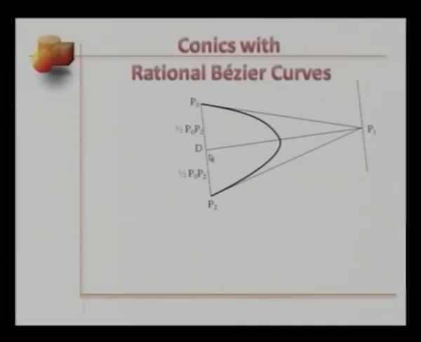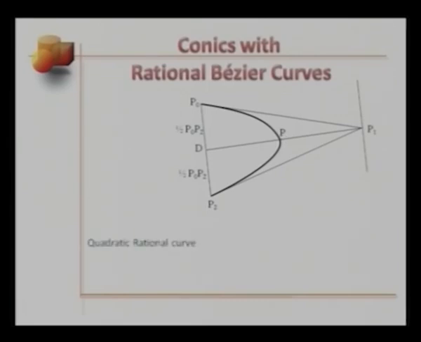We'll consider D as the focus and this line here passing through P1 as the directrix. Let's take a point P on the curve and let this point correspond to the parameter value half.